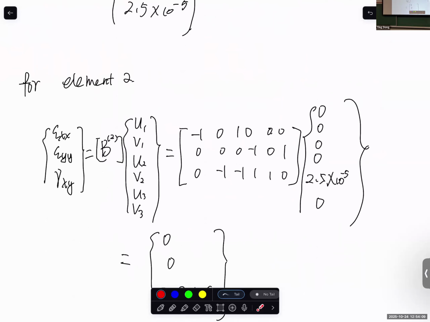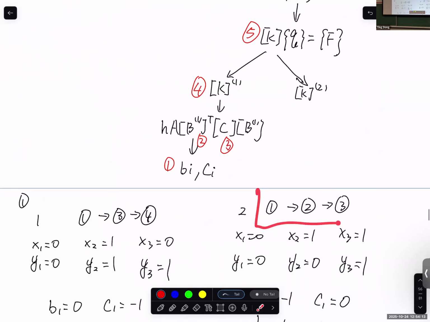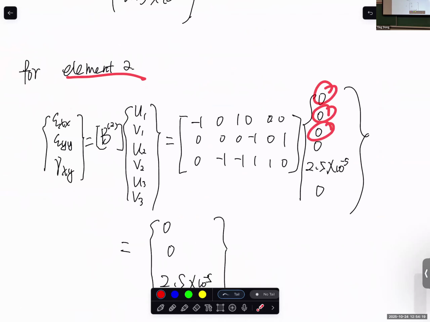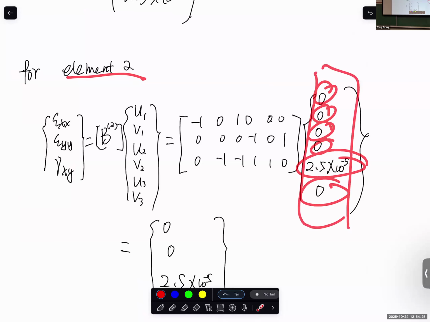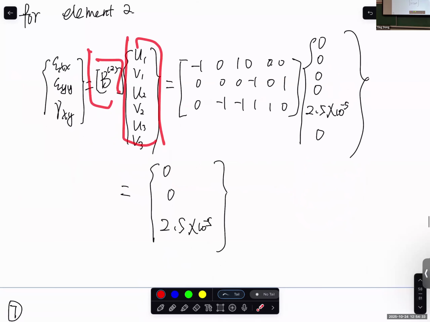For element 2, we have the definition from node 1 to node 2 to node 3. So the complete degrees of freedom become U1 V1, U2 V2, U3 V3, right? This is the complete degrees of freedom for the second element, and this is the B matrix for the second element, and B matrix times Q equals strain.